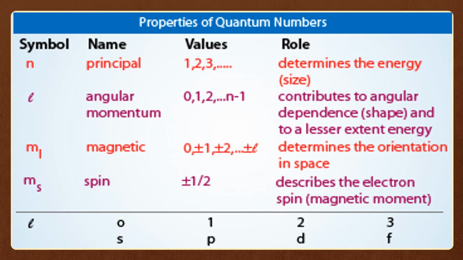The ml value, or the magnetic quantum number, designates the orientation of an orbital. For a given value of L, ml will have 2L plus 1 values, same as the number of orbitals. The number of orbitals will be equal to the number of ways in which they are oriented. The spin quantum number ms has the orientation of the spin of the electron.